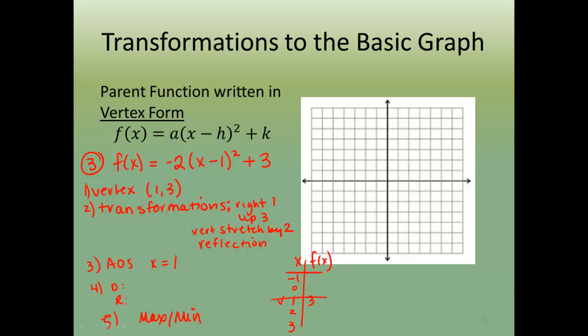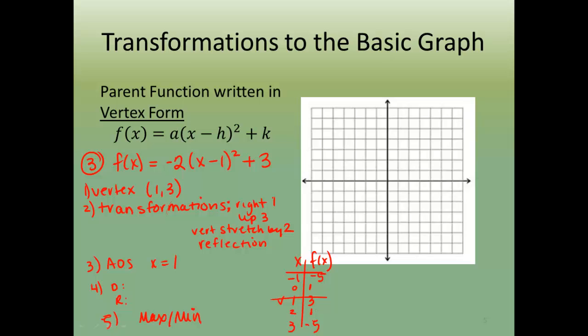Putting in the 3, 3 -1 is 2, squared is 4, times -2 is -8, plus 3 is going to be a -5. And it's also the same up there for the x value of -1. I'm going to plug in the 2. 2 minus 1 is 1, squared is 1, times -2 is -2, plus 3 is 1.